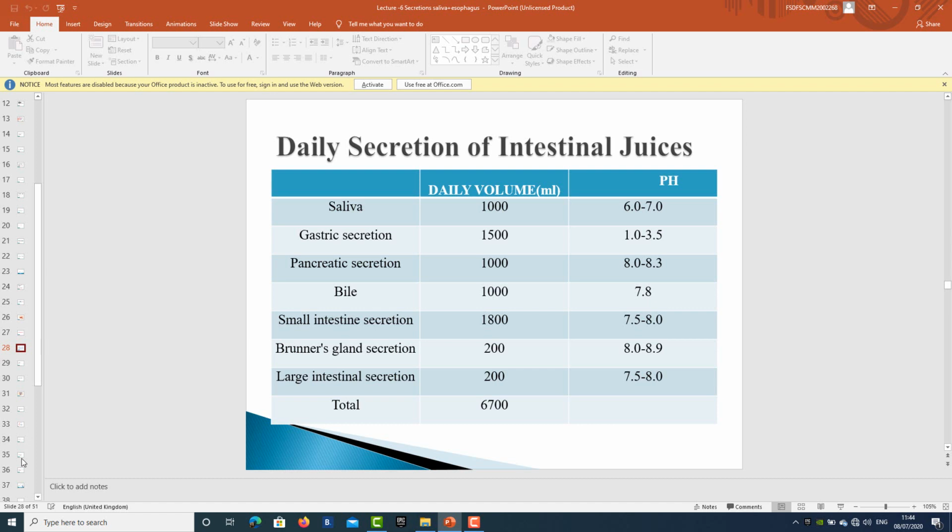Like saliva, that is daily about 1 liter production, and the favorable pH is 6 to 7. In total, if we see all the juices, there is production of about 6.7 liters of the intestinal juices per day.